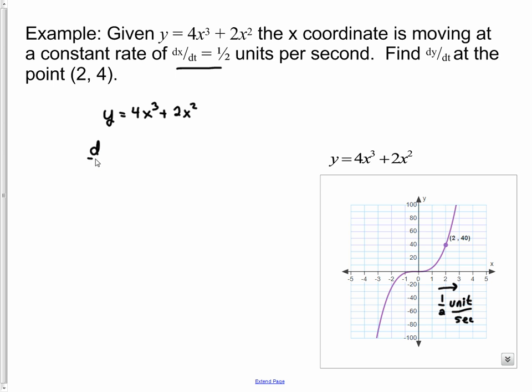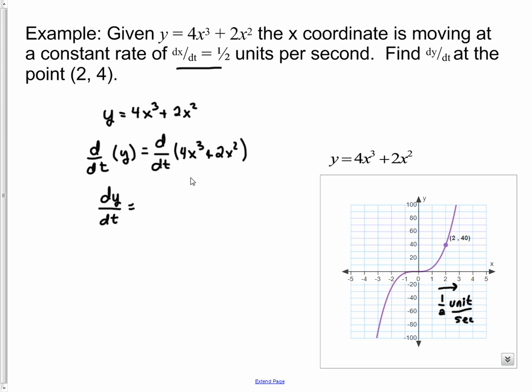We say, all right, if I take the derivative with respect to time of y on the left, it would be equal to the derivative with respect to time of the expression 4x cubed plus 2x squared on the right. So how do we handle that? Well, on the left, this is simply saying the instantaneous rate of change of y with respect to time t is dy/dt.